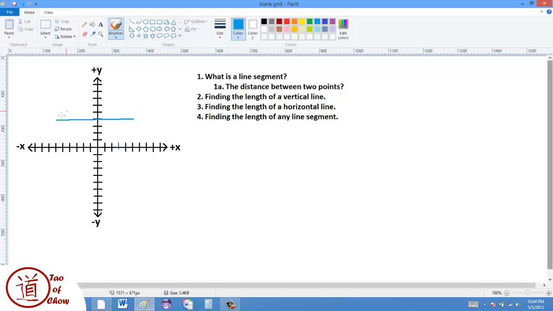Let's say, for instance, it's negative 1, 2, 3, 4, 5, 6. So this is negative 6, and 4. We'll call this point A. And 1, 2, 3, 4, 5, so this is 5 and 4. We'll call this point B. If I wanted to find the length of AB, it would be pretty much the exact same thing as finding the vertical one.